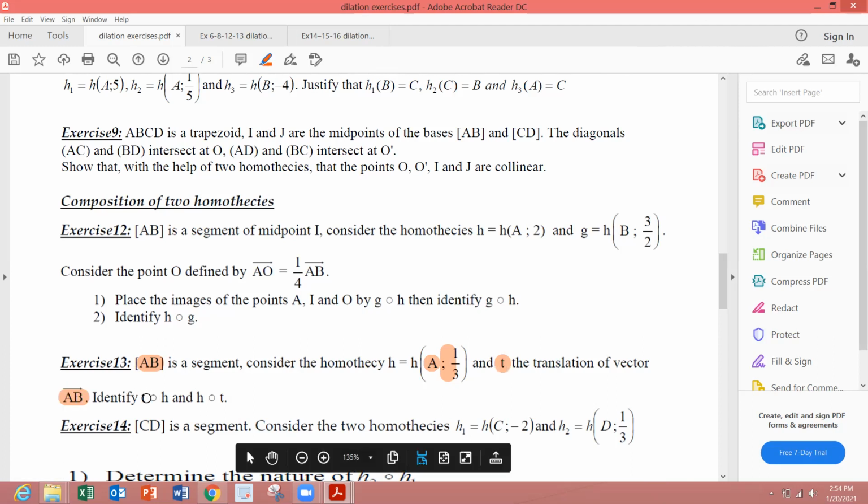We need to identify T round H. You know that the composite of a translation and a dilation is a dilation with the same ratio 1/3, but the center is distinct from A. So we say T round H is a dilation of center omega and ratio 1/3.